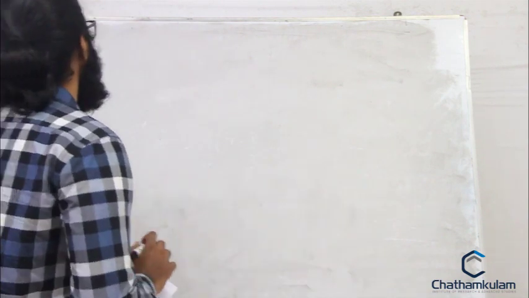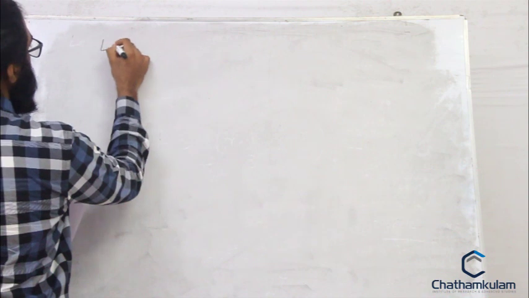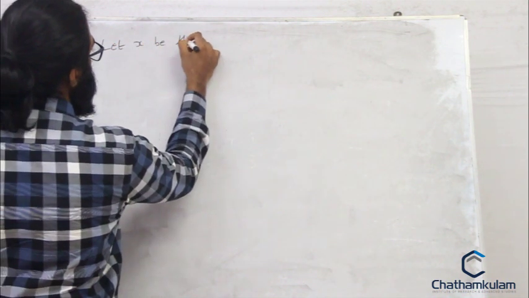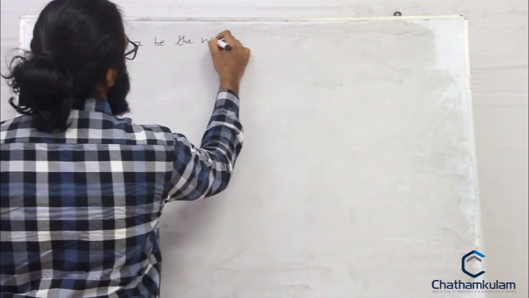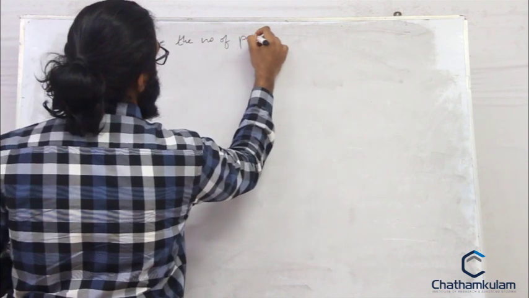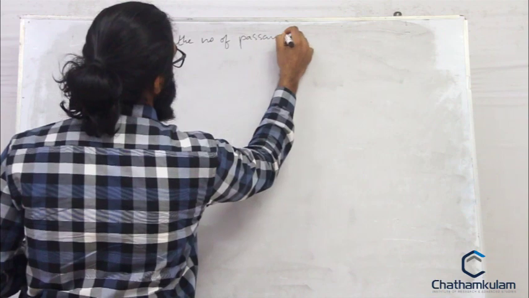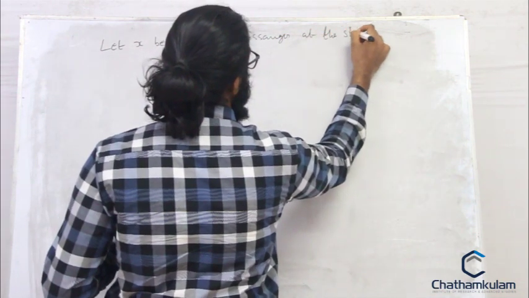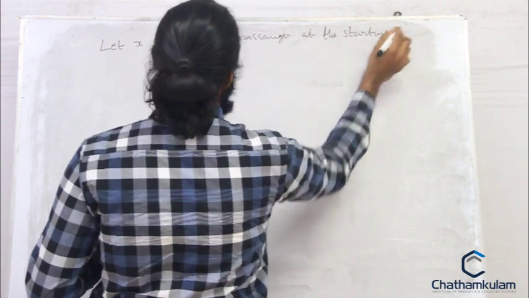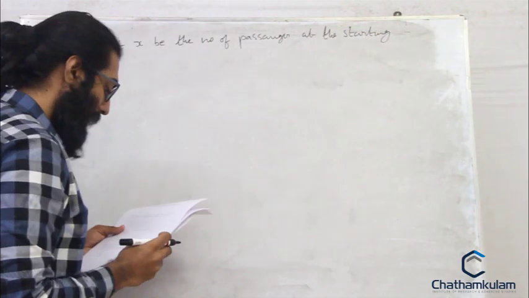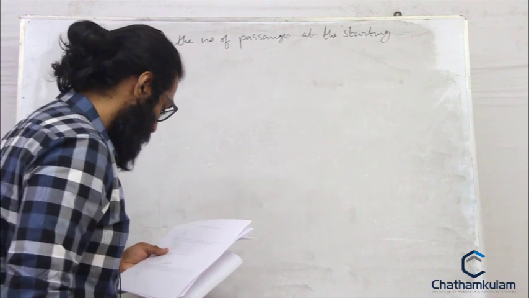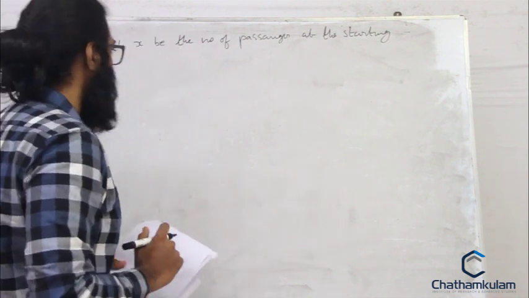We will just first write down, let x be the number of passengers at the starting, right? So next, what is given in the question? At the first station, it drops 1/3 of the passengers but takes in 280 passengers.